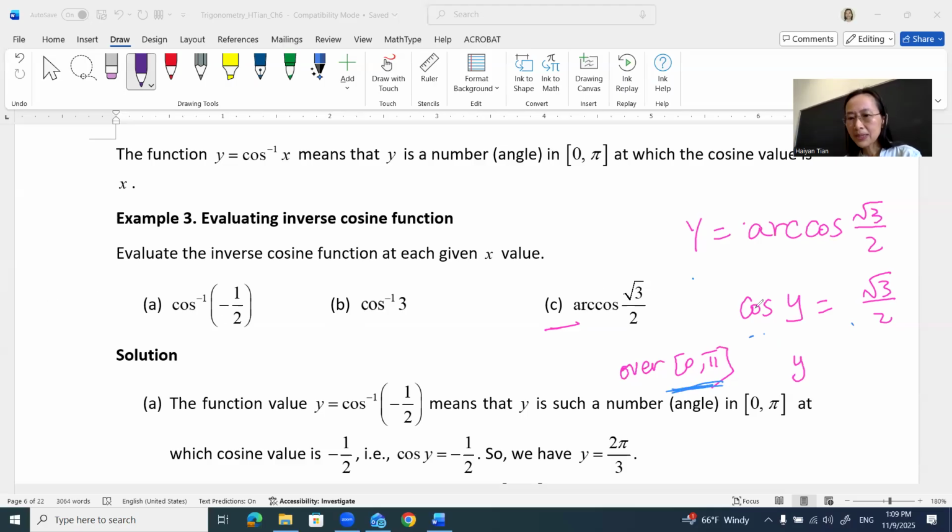So this y must be pi over 6. When it's pi over 6, cosine pi over 6 is square root of 3 over 2.